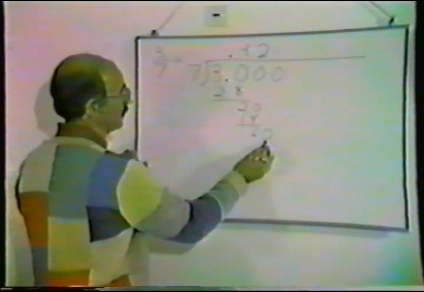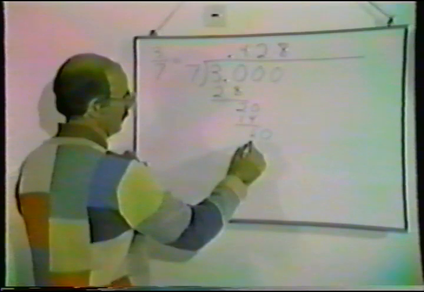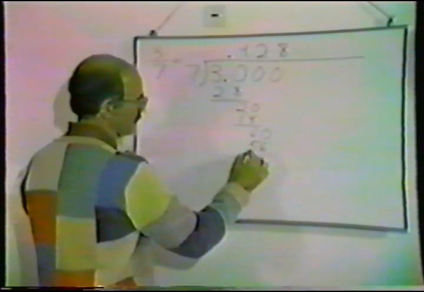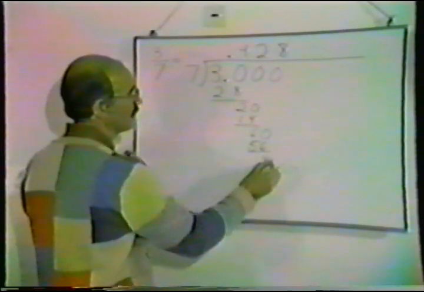7 into 60. 8. 8 times 7. 56. 60 take away 56. 4.